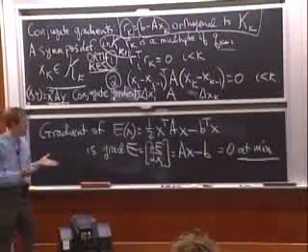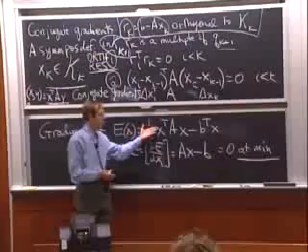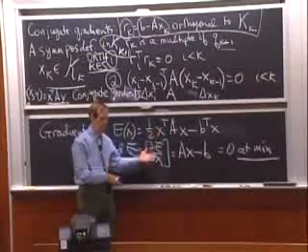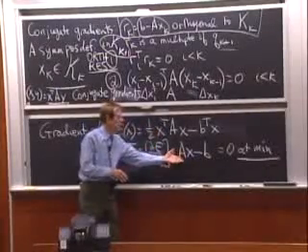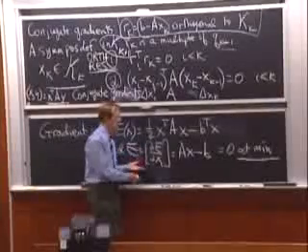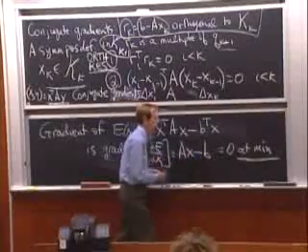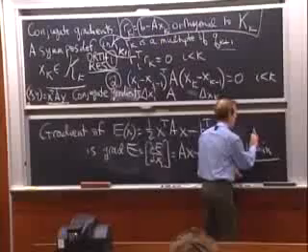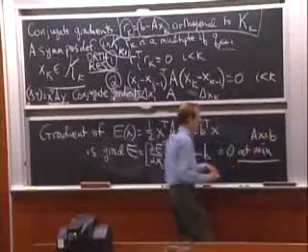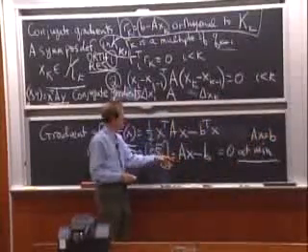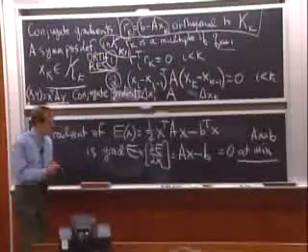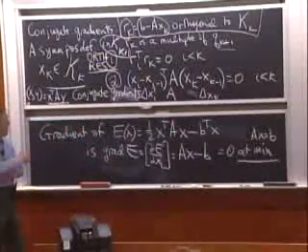But this quadratic energy has a linear gradient, and its minimum is exactly AX equals B. The minimum point is AX equals B. In other words, solving the linear equation and minimizing the energy are one and the same.